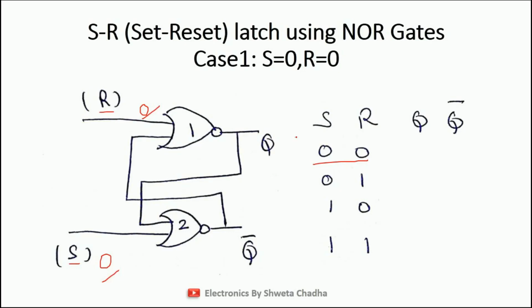Let us take the first assumption. The first assumption I have taken is 0, 1. As you know, we can only take two assumptions, either 0, 1 or 1, 0. Here comes our first assumption, 0, 1. So 0 will be given over here and 1 will be given over here.